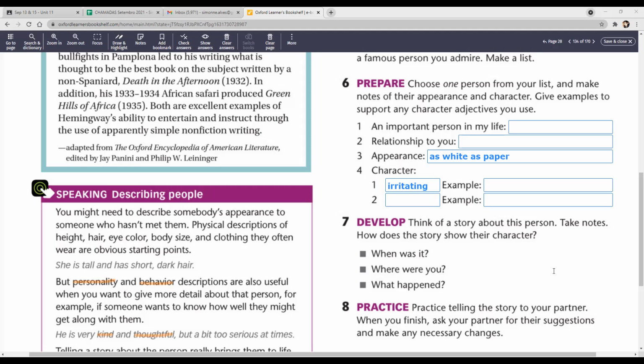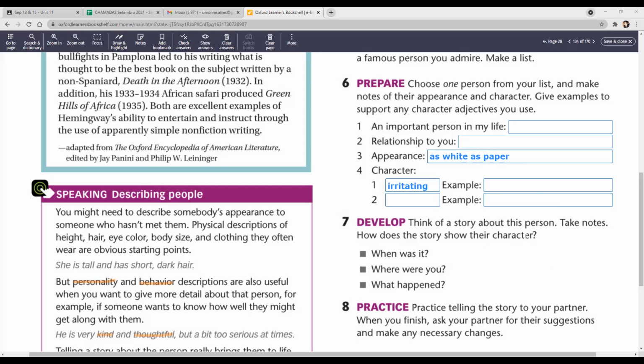So you said two qualities, you gave two examples of character, and you gave examples of things that she really does, right? And you described her appearance, okay? But here, I have just a small observation. There is another expression that we use when someone is white, okay?